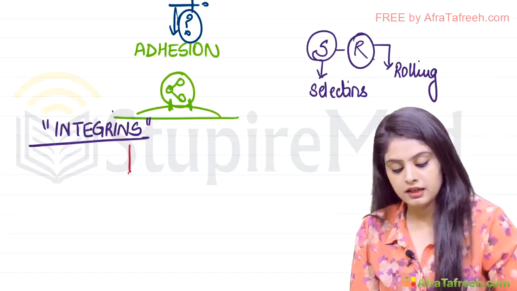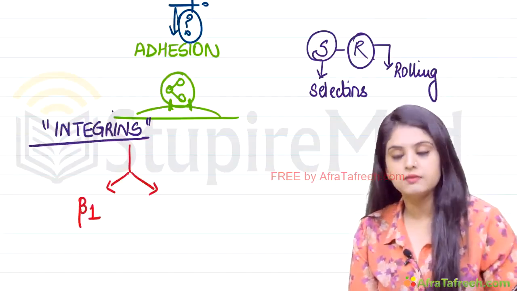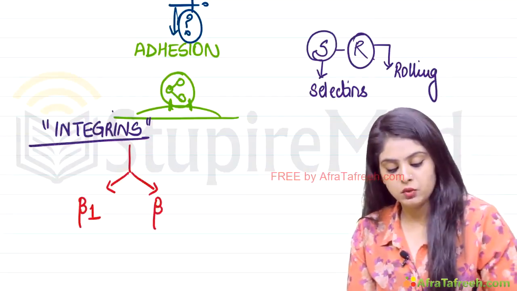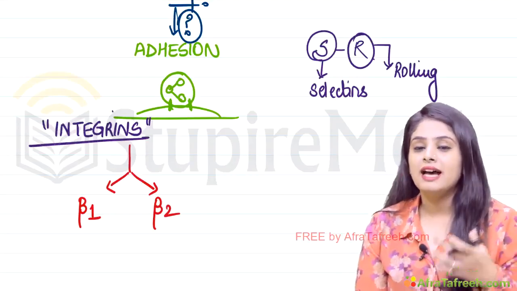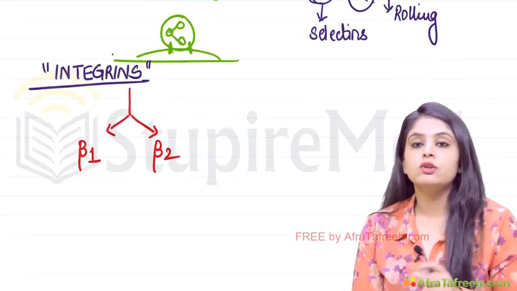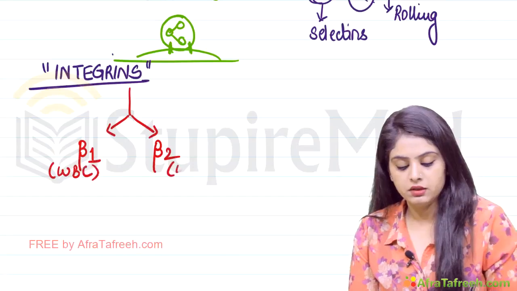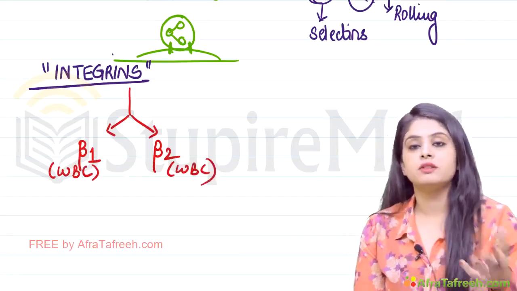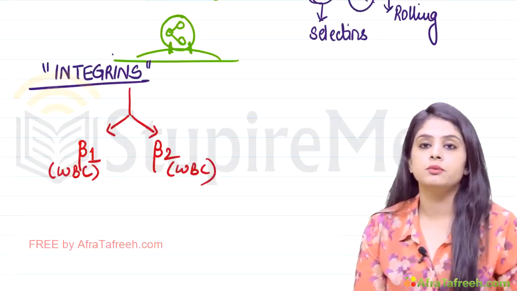And integrins are classified into two types, that is beta 1 integrin and beta 2 integrin. But over here the story is not as complicated as it was in selectins. The good news is that both of these are present on the WBC. So there is no confusion as to which is present on which cell. Integrin by definition is present on a WBC.